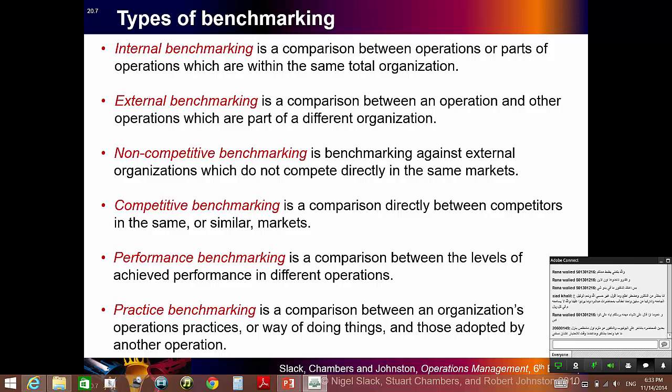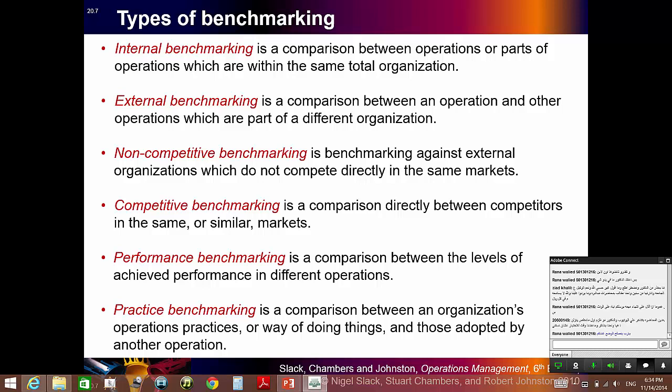Sometimes it's also related to the performance of other departments, not only operations, but we compare them from the performance point of view. We want to see which organization has better performance than the other.